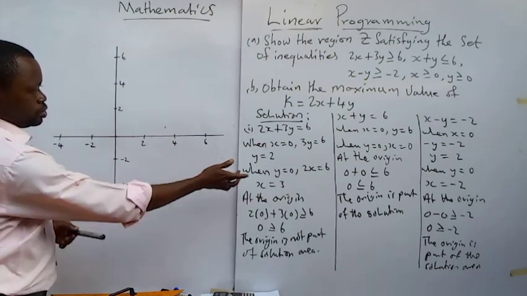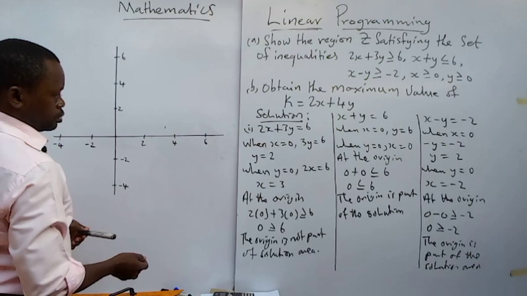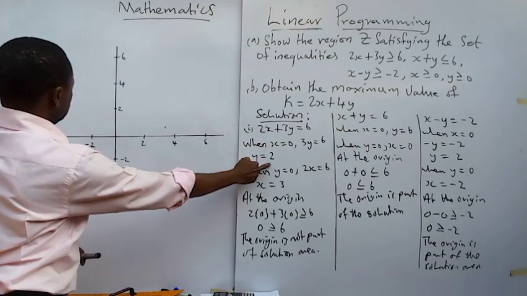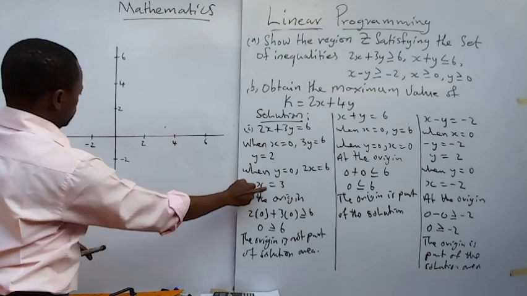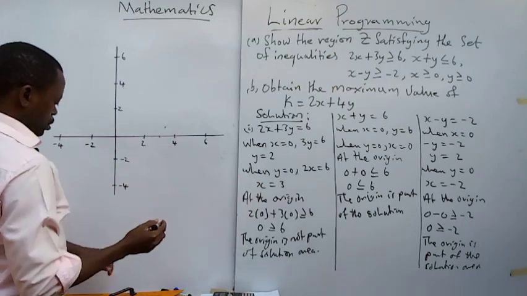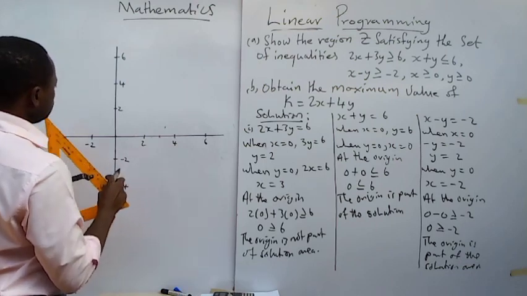Now we can show here that y here being 2 and x being 3. 3 here, maybe somewhere here is 3. So I can connect them.